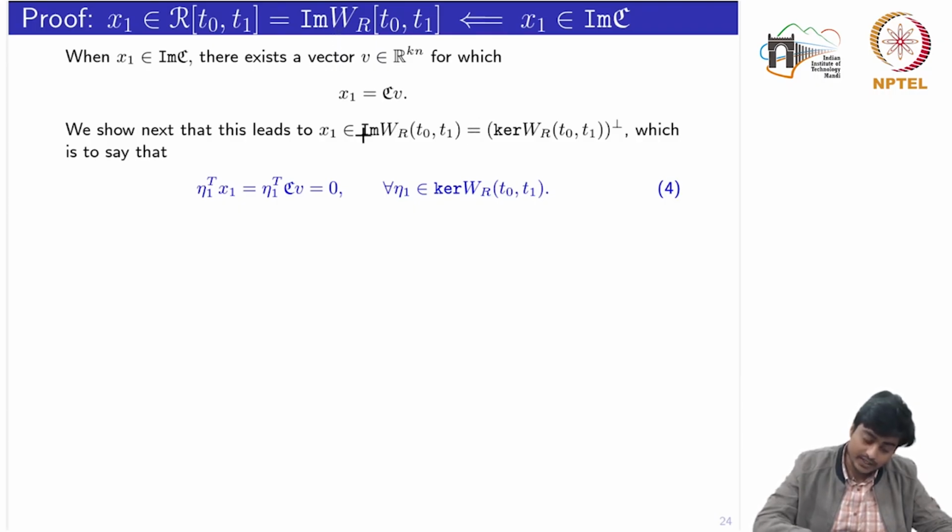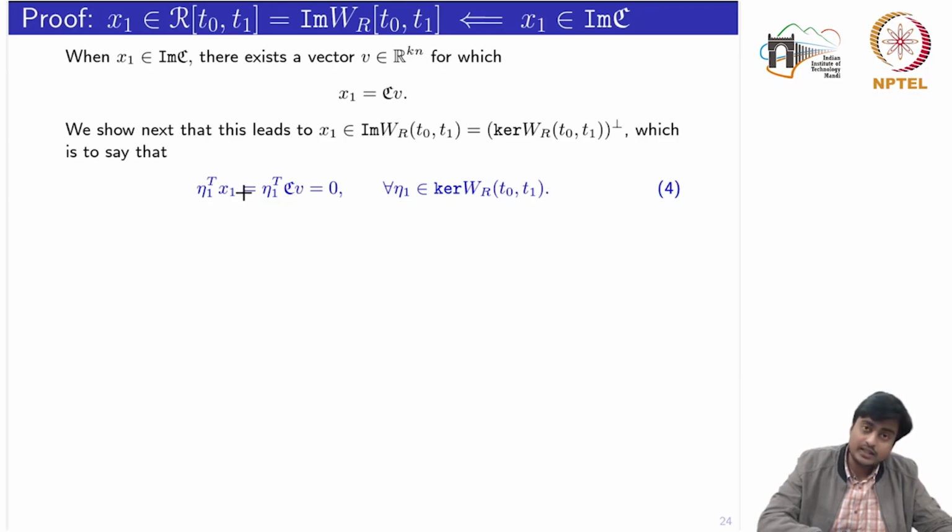which is equivalent to saying that x1 belongs to the orthogonal complement of the kernel of the reachability Gramian matrix. We know that WR is a symmetric matrix, so I remove this transpose, which is to say that for all eta 1 belonging to this kernel, eta 1 transpose into x1 is equal to 0.